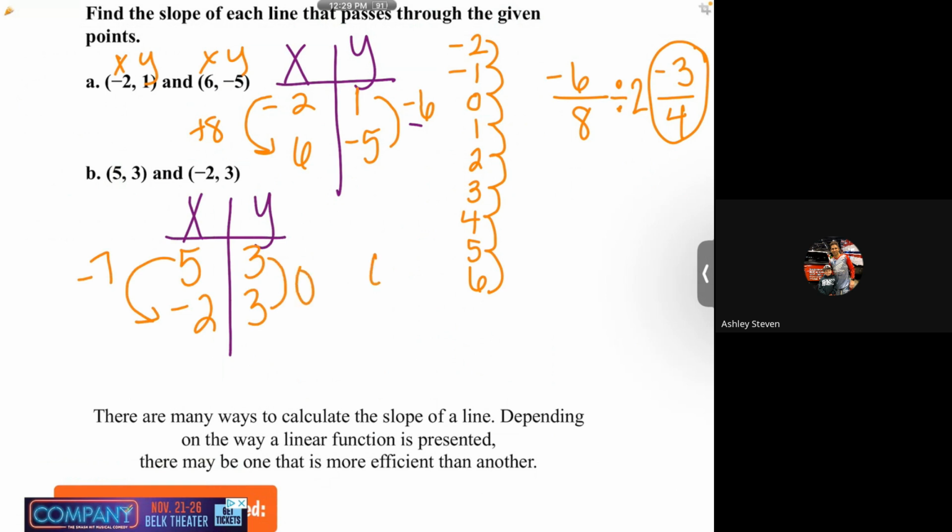So I have 0 over 7. What does that equal? 0 this time. Why is it 0, not undefined? Perfect. All right. How are we feeling?